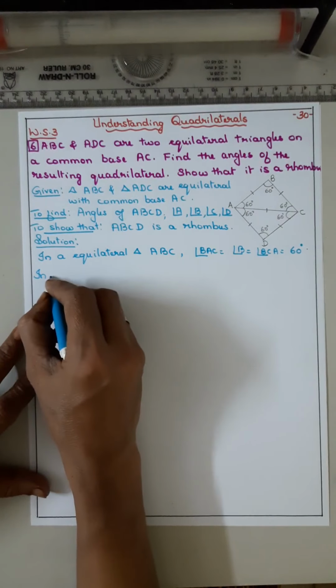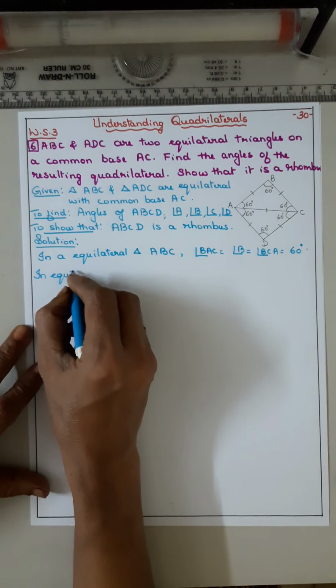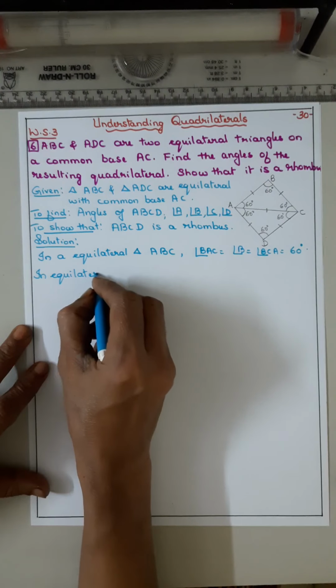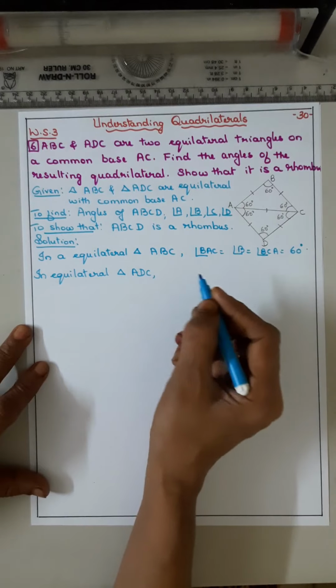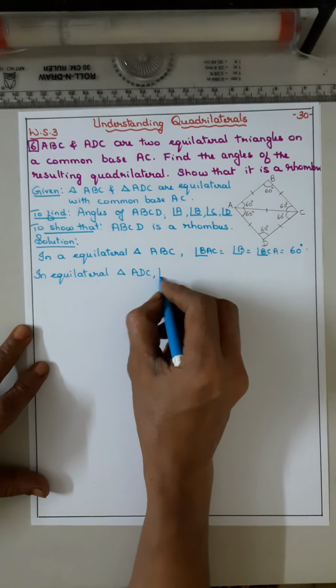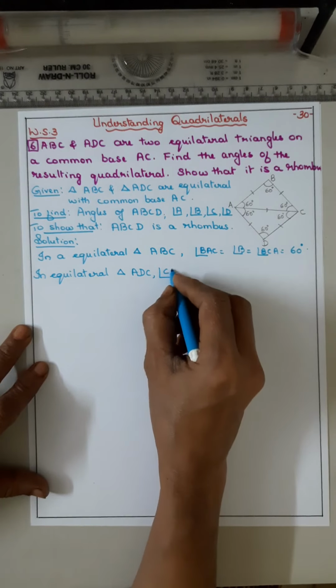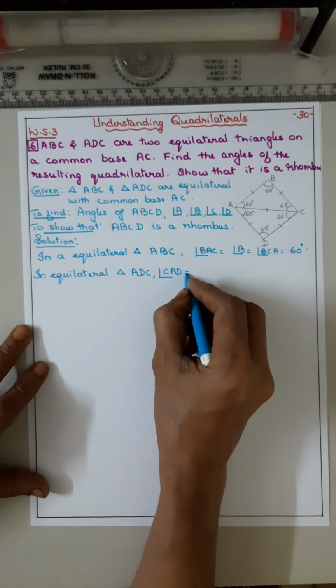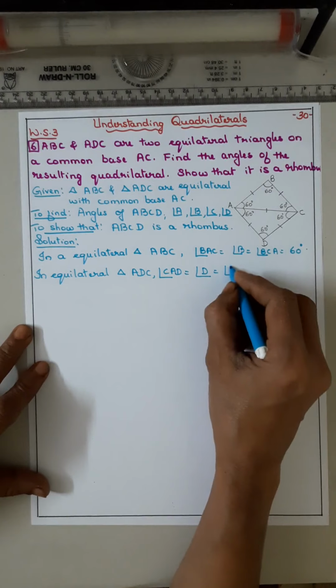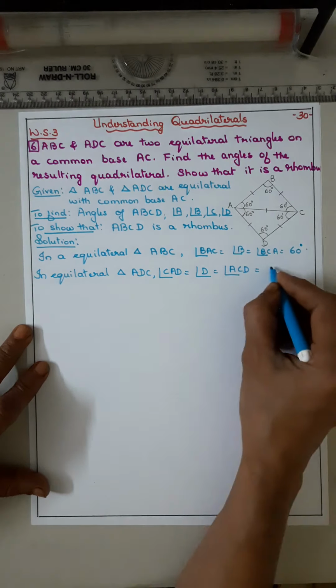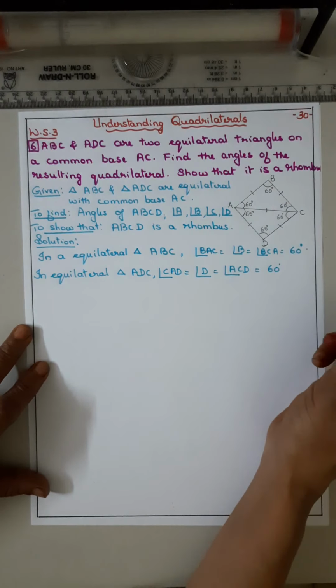In equilateral triangle ADC, angle CAD is equal to angle D is equal to angle ACD, which is also equal to 60 degrees.